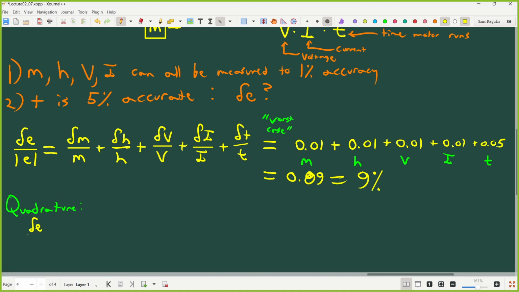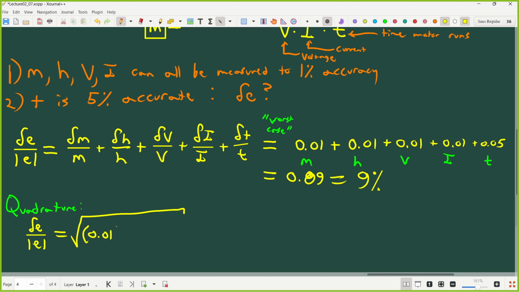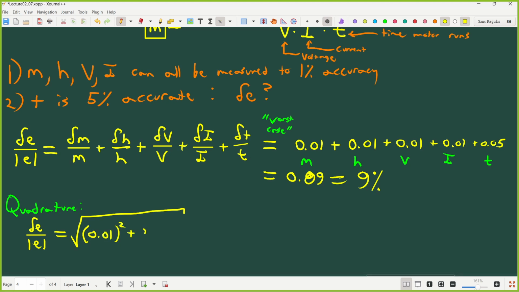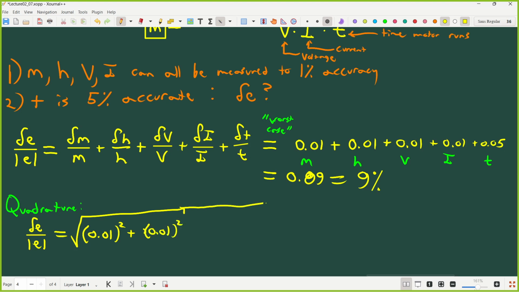It says that the fractional error in E is equal to the square root of each of those. So I'm just going to write them in. We have 0.01 squared plus 0.01 squared plus 0.01 squared. We have 4 of them.